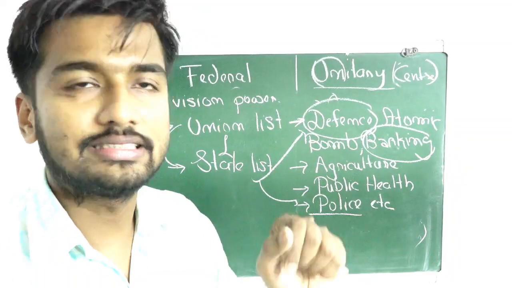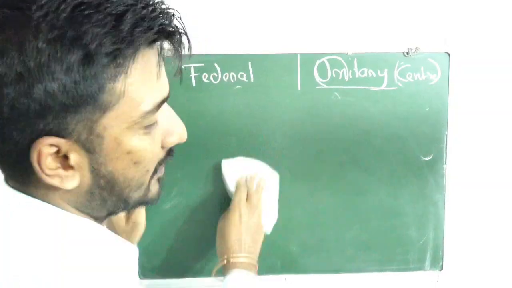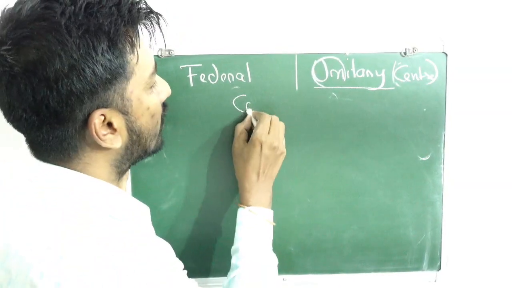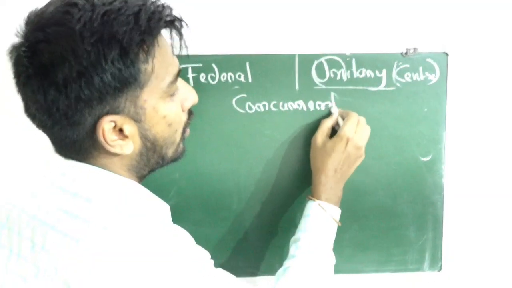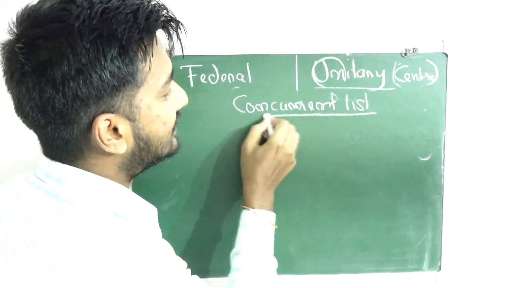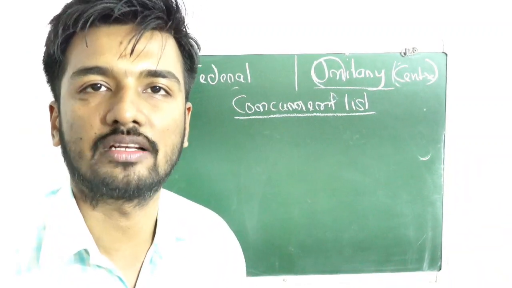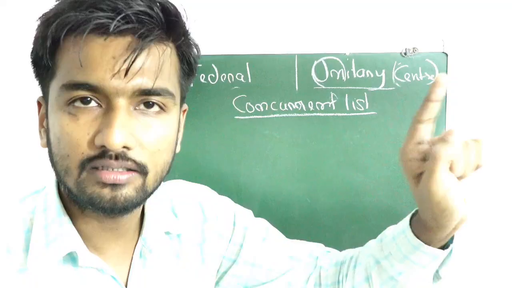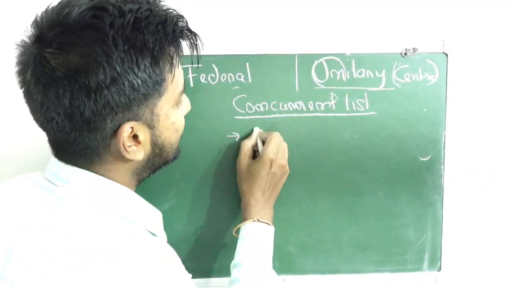Now another list is there which is known as the concurrent list. What is the concurrent list? Concurrent list means both the union government and the state government can make laws. When the center and state can both make laws. What are the subjects in the list?